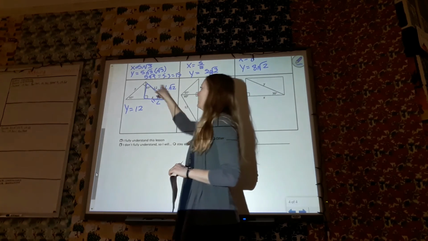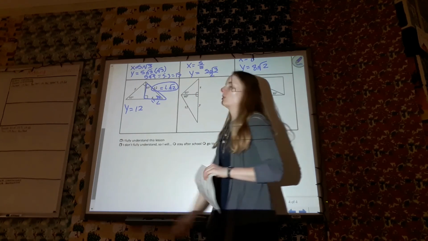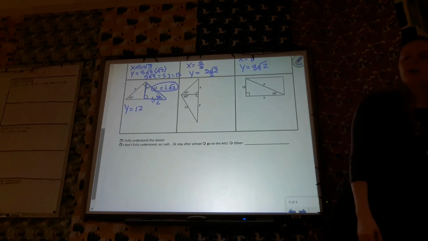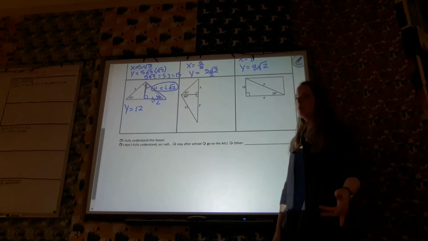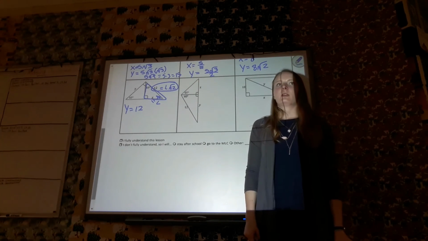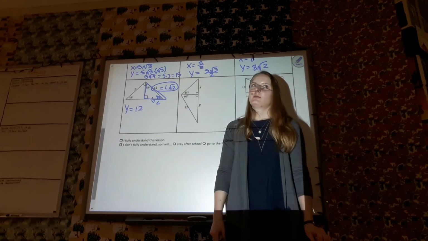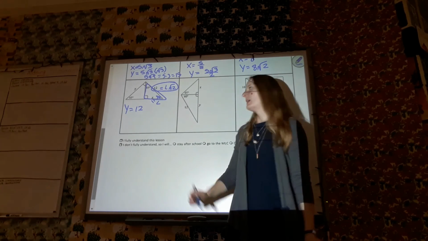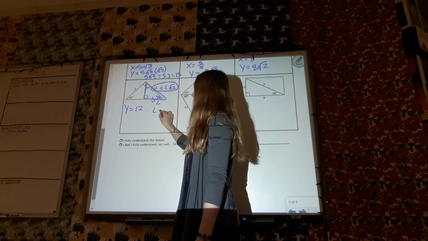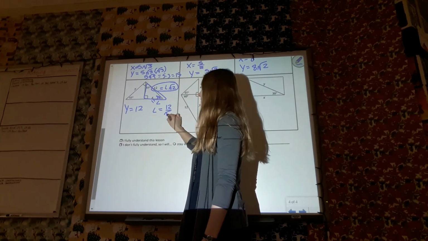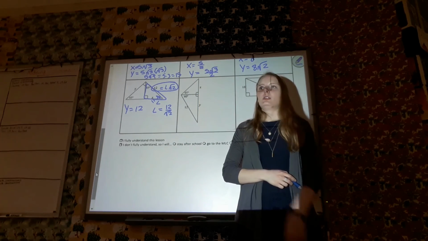So for the smaller triangle, I'm going to circle that one, because that's what I'm going to use to solve for L. So again, how would I solve for L? Divide by the square root of 2. So I would have L equals 12 root 2 if I'm going to divide, which is not written correctly.